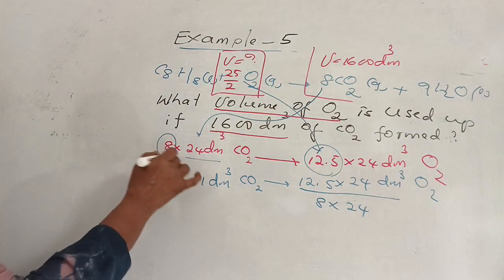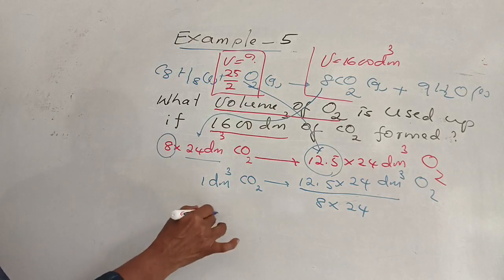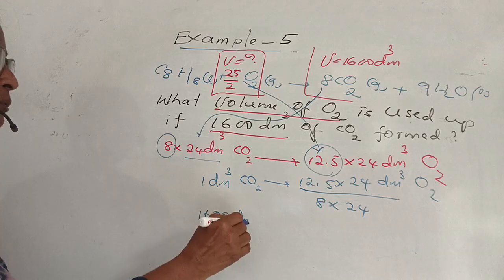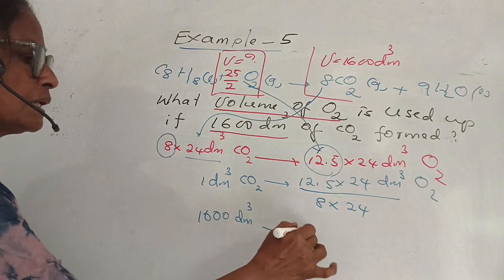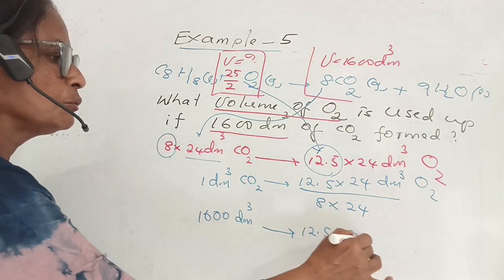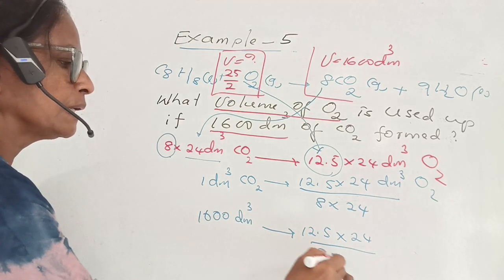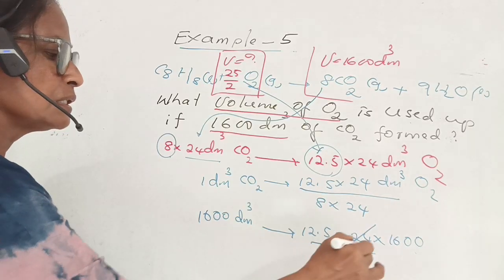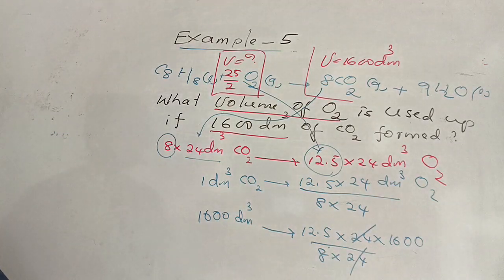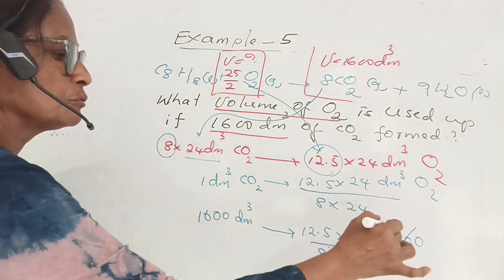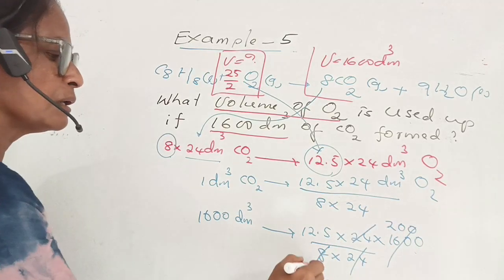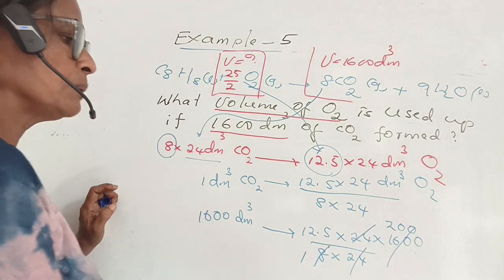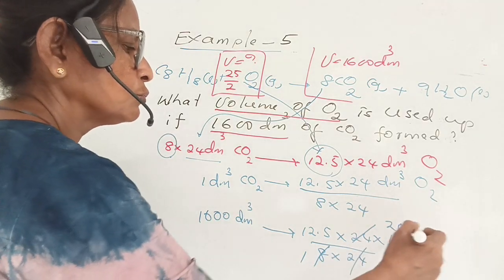The question is asking for 1600 decimeter cube. So the final answer is 12.5 times 24 divided by 8 times 24, times 1600. You can see 24 get cancelled.